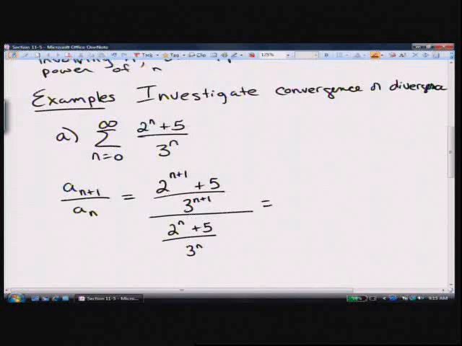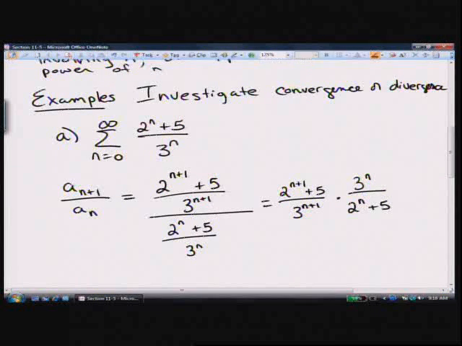Of course, you're going to write this horizontally, or flip it. So this will be 2 to the n plus 1 plus 5 over 3 to the n plus 1 times 3 to the n over 2 to the n plus 5.